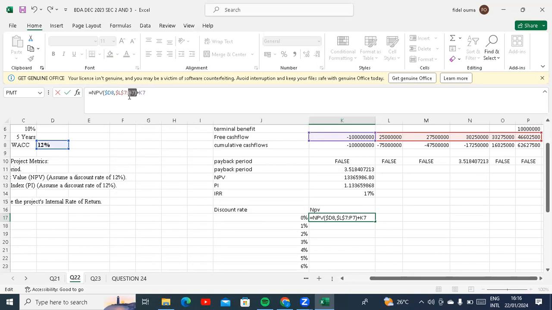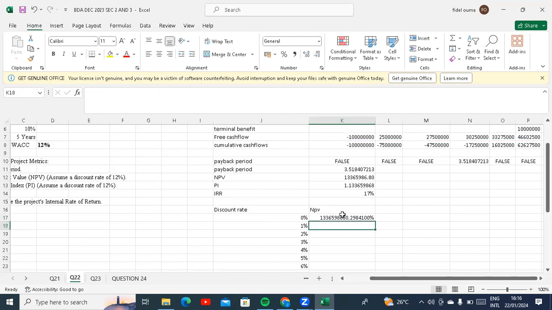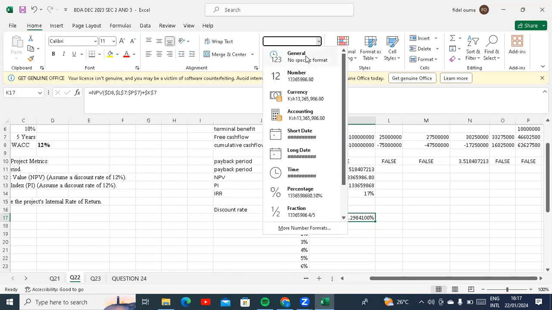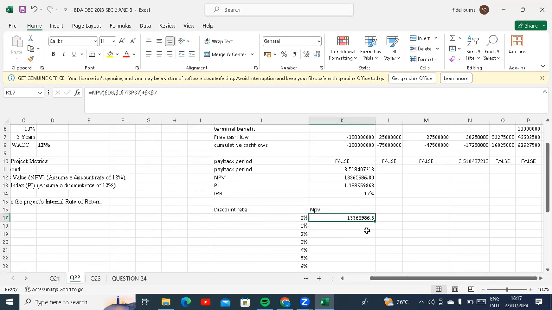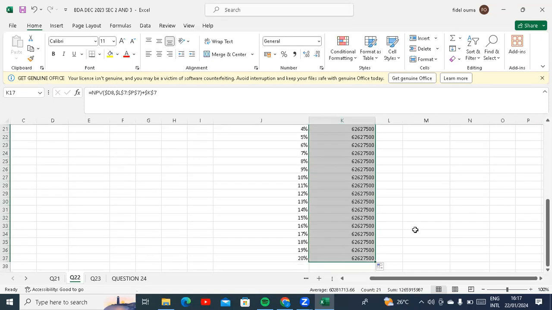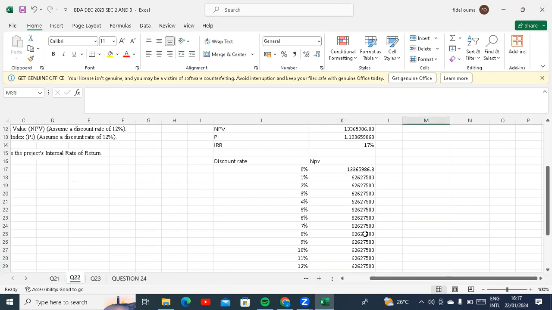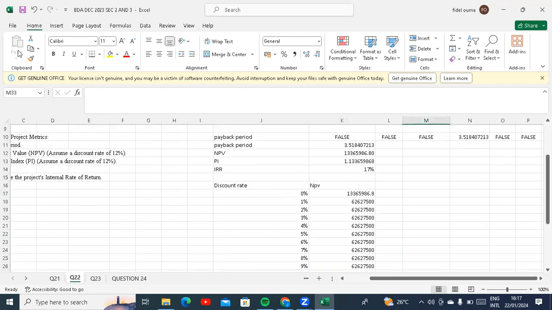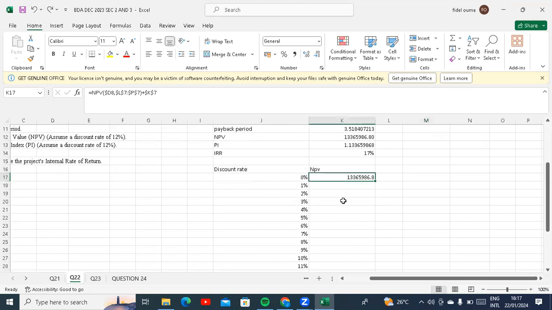I'll only lock this one, F4, then I'll also lock this because it's also constant. F4, then I'll say enter. Once I've entered, let me remove the percentage, say general. Now, because the formula is there, I just drag it. I don't know why it's not copying there. I want it to copy. Let me do it again.